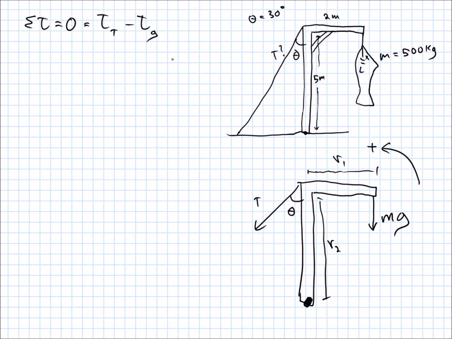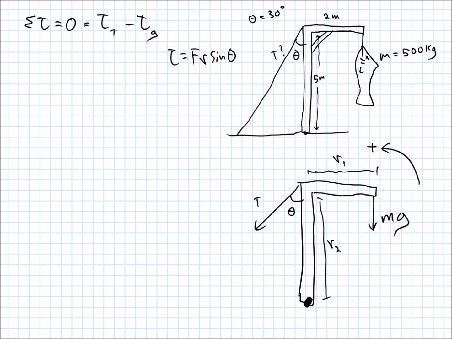Now, keep in mind that the definition of torque, the torque due to a force, is the force times the distance to the pivot point times the sine of the angle between the force and the distance. So let's apply that to these torques.